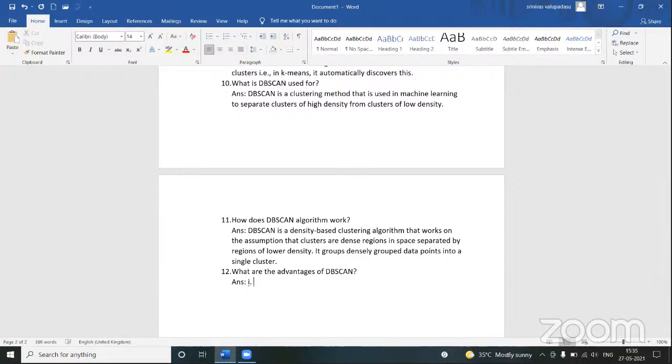First one, DBSCAN does not require one to specify the number of clusters in the data, as opposed to K-means.